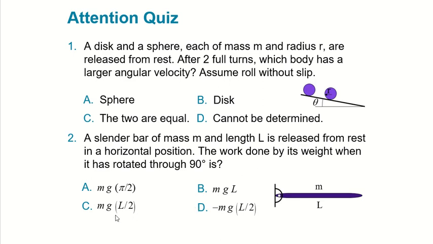You have M and G as your force, which is your weight, and then L divided by 2, half of that L, is going to be rotated through 90 degrees. So 0 and then go all the way here. So half of that L is going to be your displacement, times that, and that is your work done. And it is 1 by 2 because 90 degrees, going down.